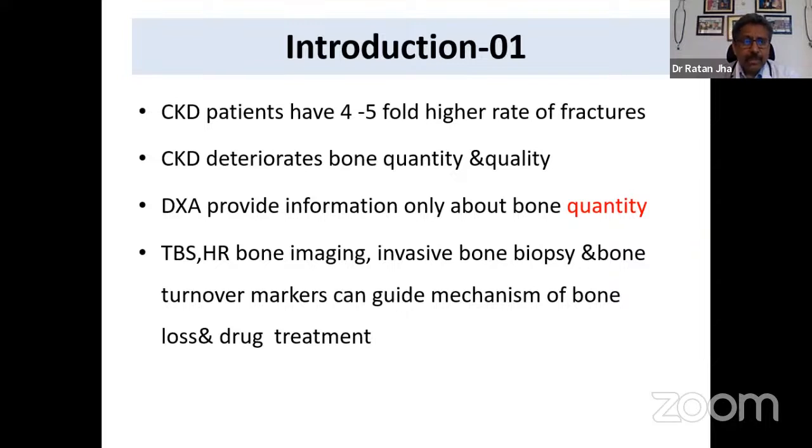In this context, trabecular bone scoring, high resolution bone imaging, invasive bone biopsy, and bone turnover markers are available to some extent, which can guide the mechanism of bone loss and drug treatment appropriately.